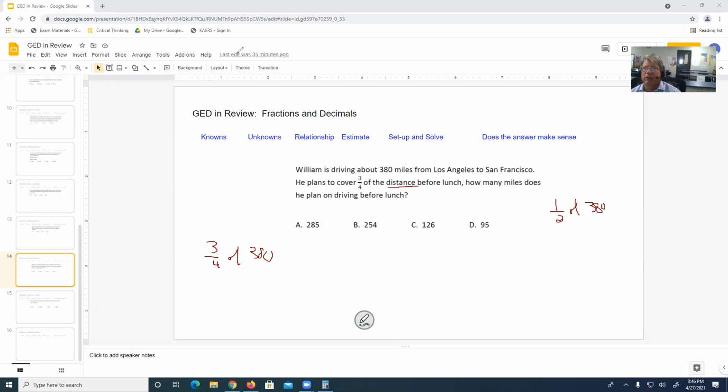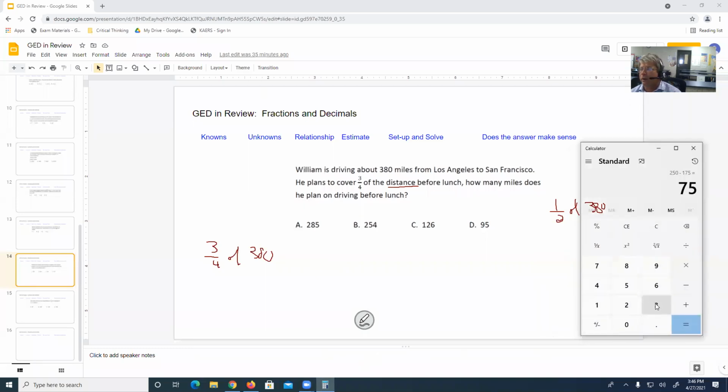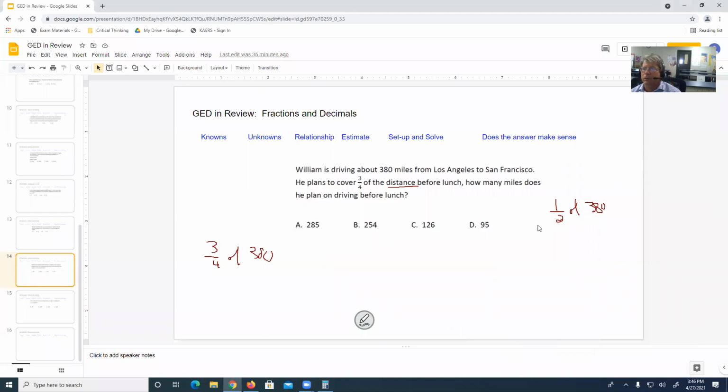If I use that as an estimate, 380 divided by 2 will give me half, so I've got 190. So my estimate tells me that the 95 and the 126 have to fall out of the problem, because 3/4 is more than a half. So I'm down to the 285 and the 254.